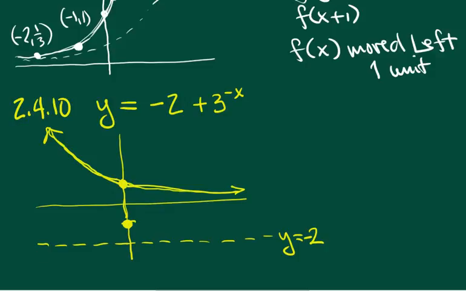And this deserves another color. It's going to have the same basic shape, of course, but it's going to be the whole thing moved down 2 units. So this is not much of a surprise, it's just a pleasure.